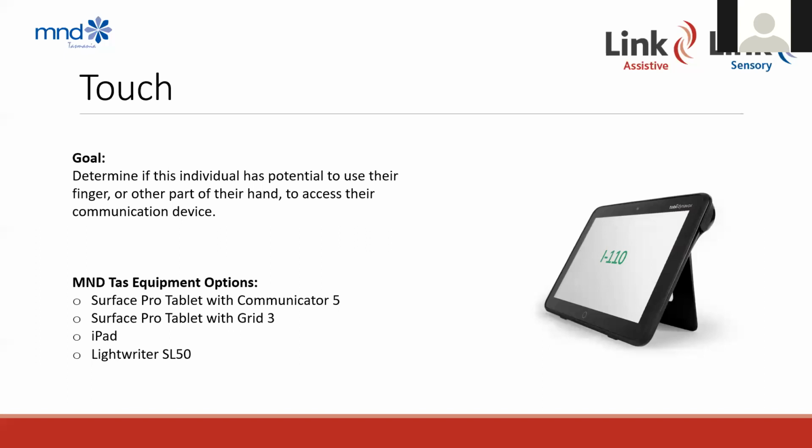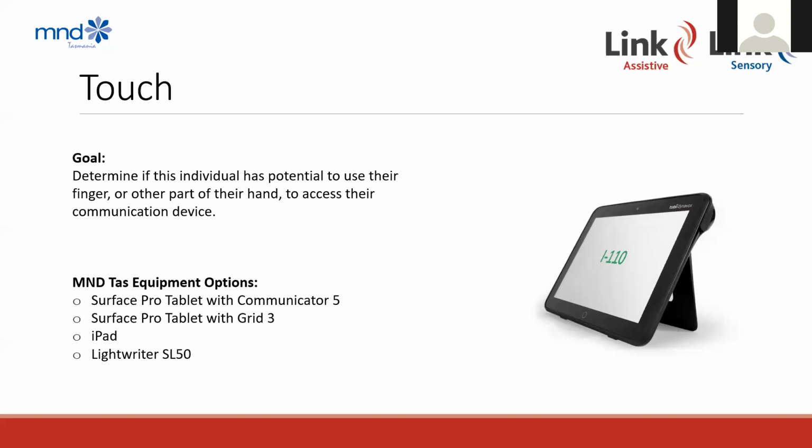Ideally you'd start with the most efficient access method, and then maybe add different access accessories over time as those things are required and necessary. So the first option, obviously, is touching the screen. There are lots of different accommodations we can make to touch access to make it more successful for people.